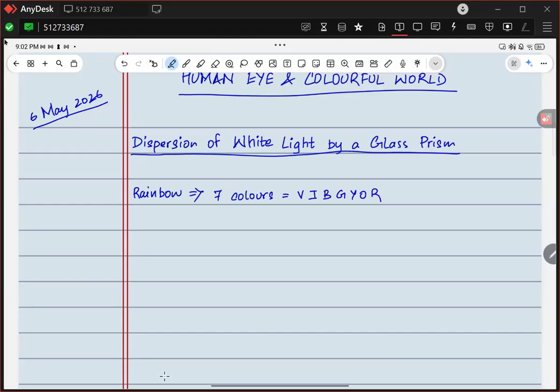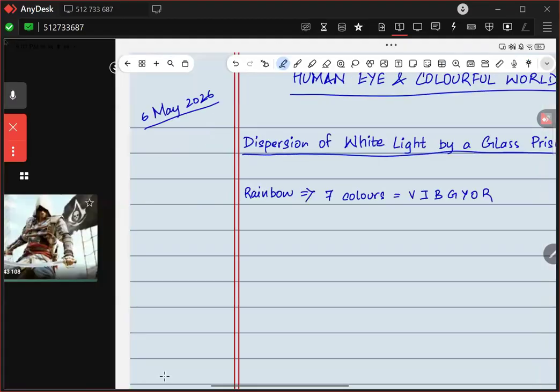So all of these colors in the rainbow are like a mixture of what? If you combine all of these colors, what color will you get? Can anybody tell me?